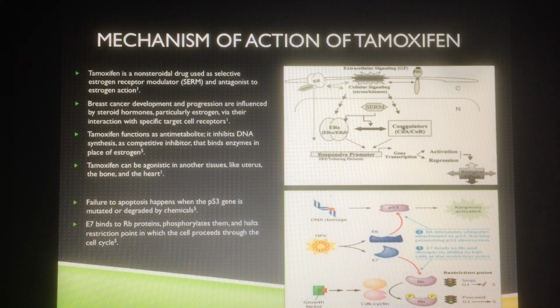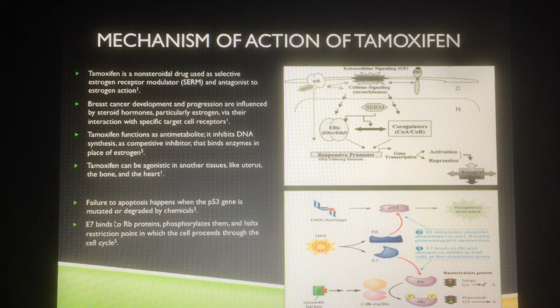These cellular signals phosphorylate some coregulators that form a complex with serum and the estrogen receptors, and they go into the cell and into the promoter region, in which they generate the gene transcription for activation or repression of the biological effects.